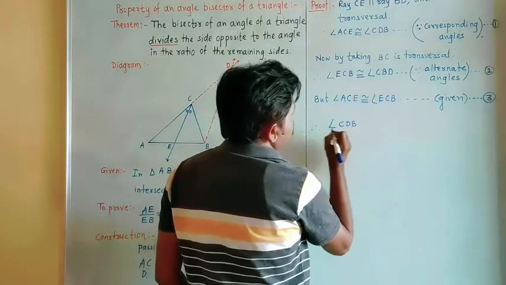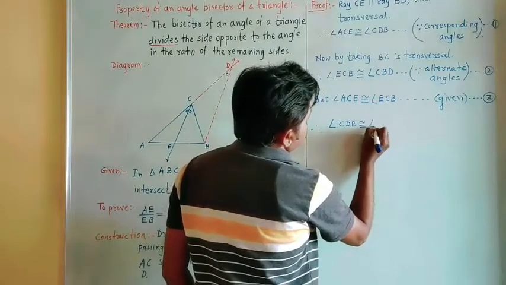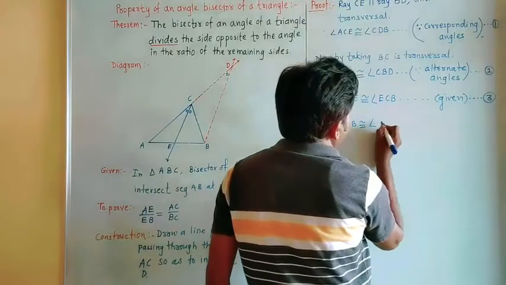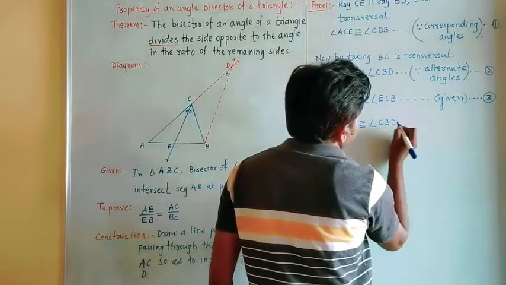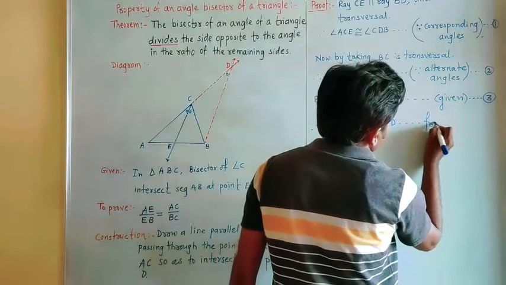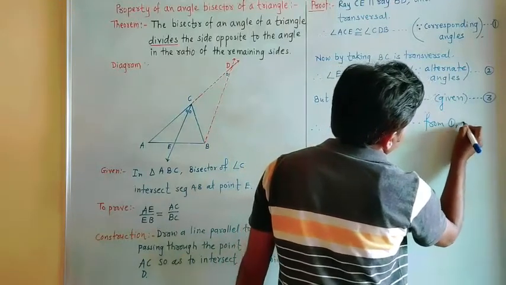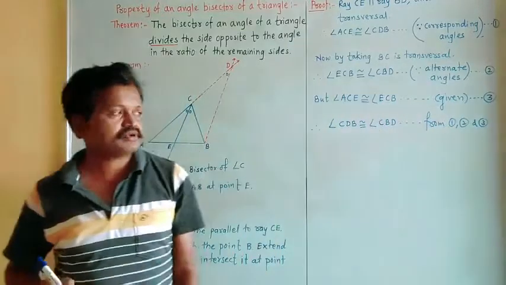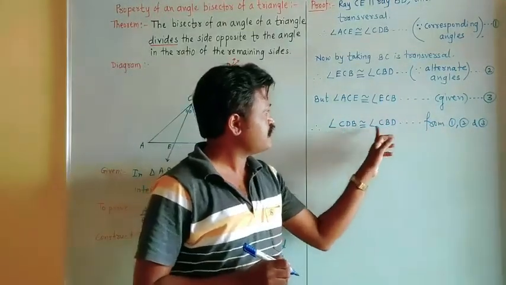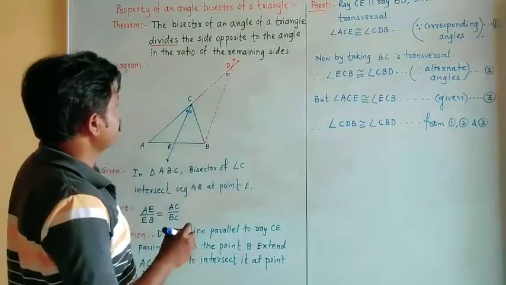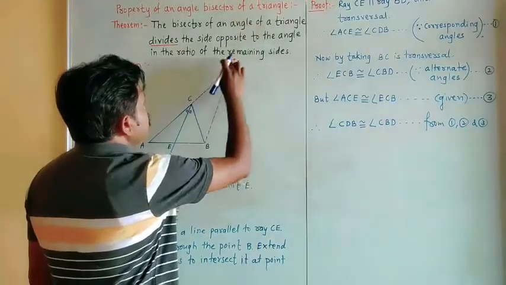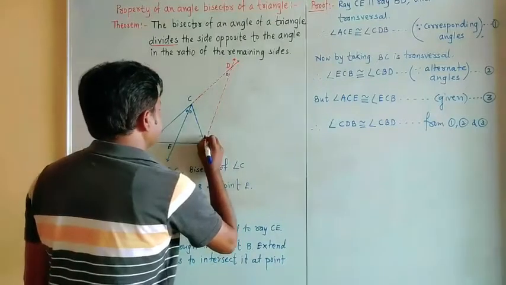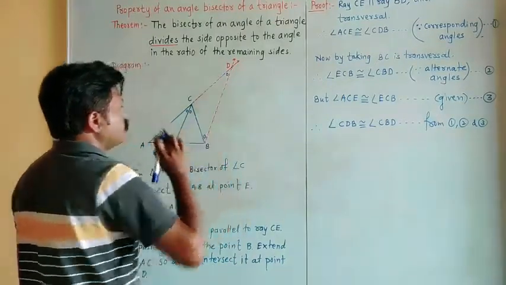What is the reason? From 1, 2 and 3. So angle CDB and angle CBD are both congruent.